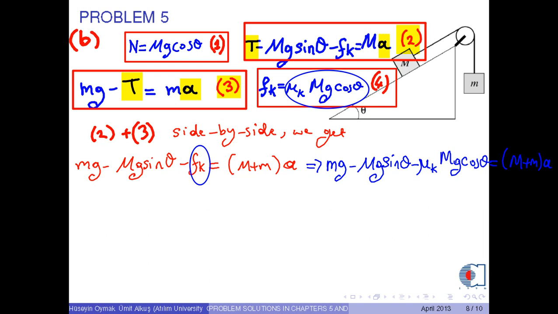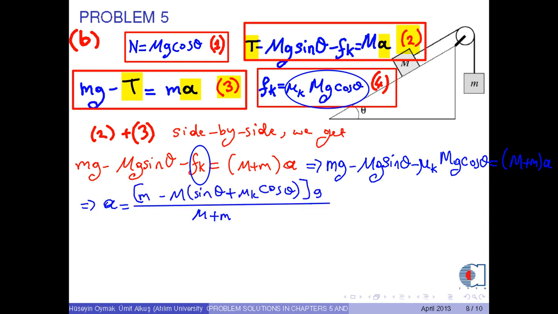Now divide both sides by capital M plus small m and finally get the desired formula for a as small m minus capital M times sine theta plus mu k times cosine theta, times g, over capital M plus small m.